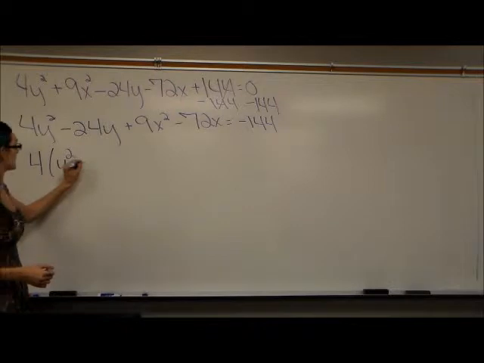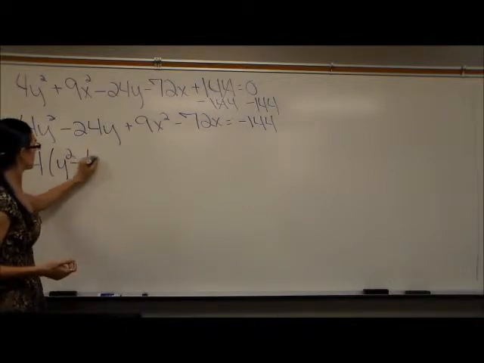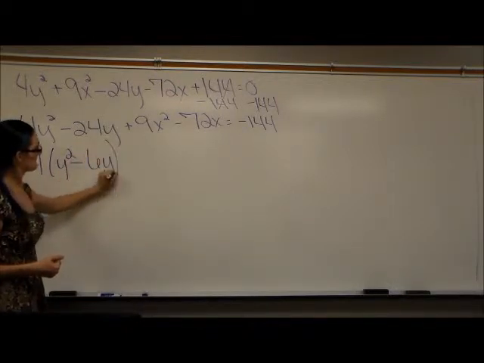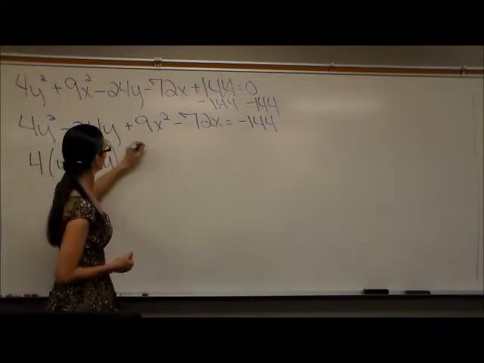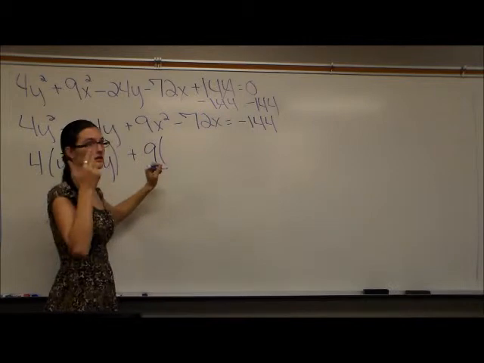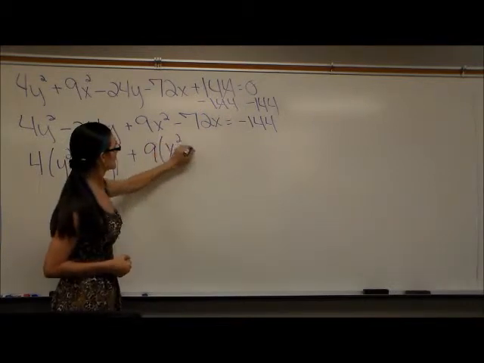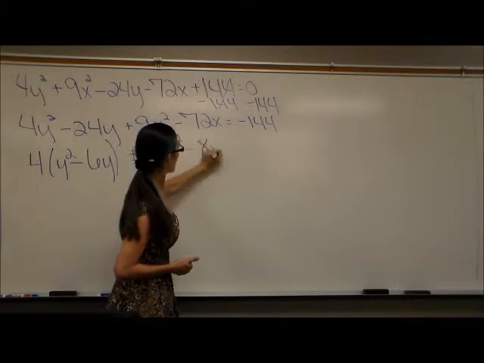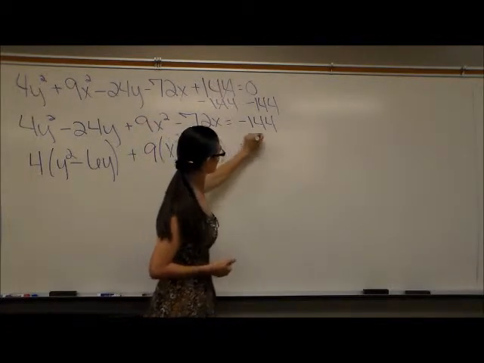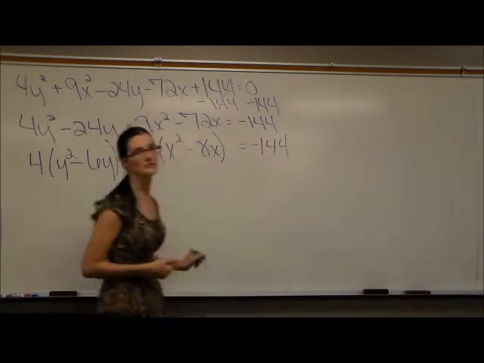Negative 24y divided by 4 leaves you with negative 6y. Plus, you're going to factor a 9 out as well. Take your 9, x squared is left, minus negative 72 divided by 9, 8x. Okay?